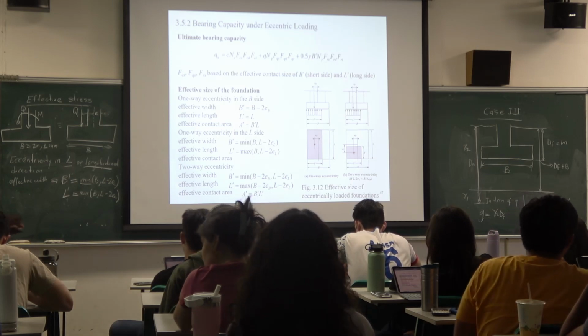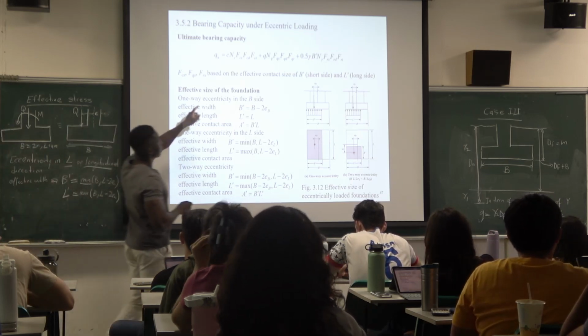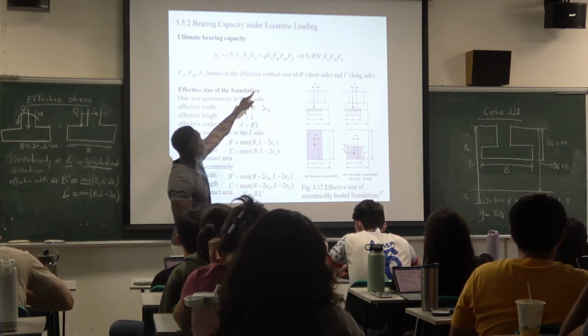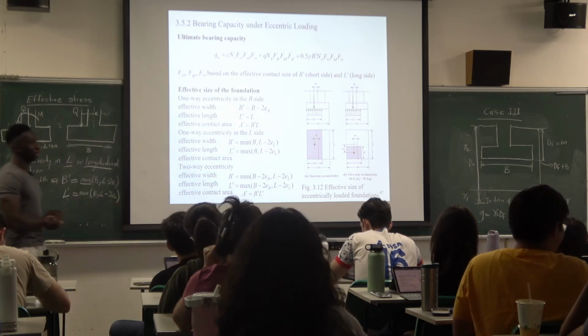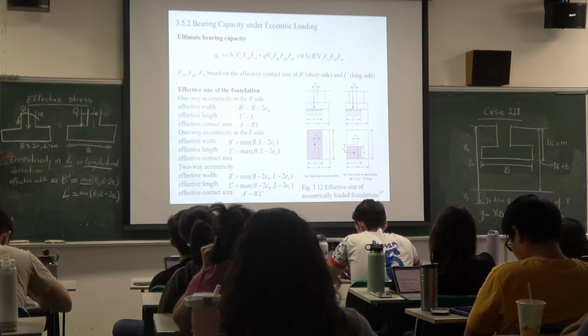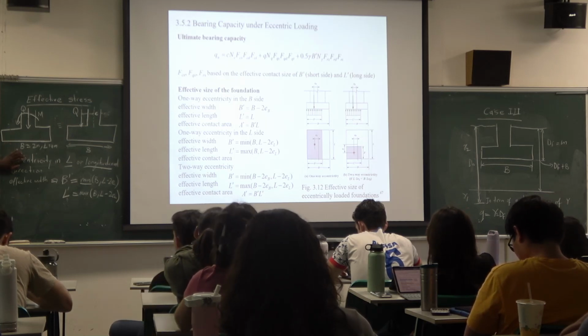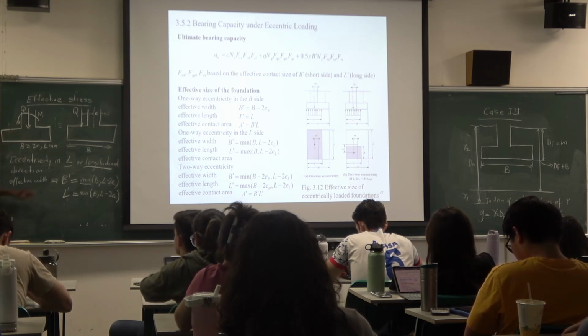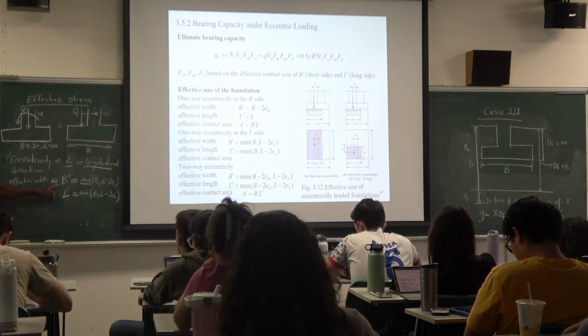And here, another thing you need to remember is that when you are trying to find the shape factors, the S factors, you sometimes need to use the length and the width of the foundation, right? So when you're finding those shape factors, you have to make sure that you use these effective parameters.